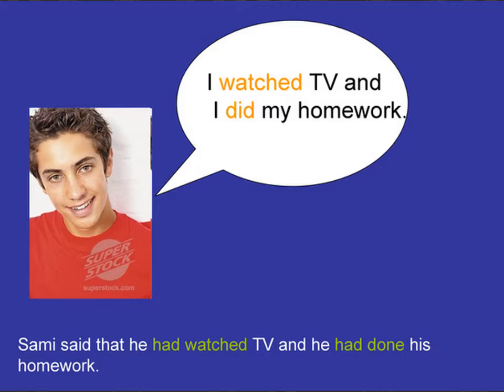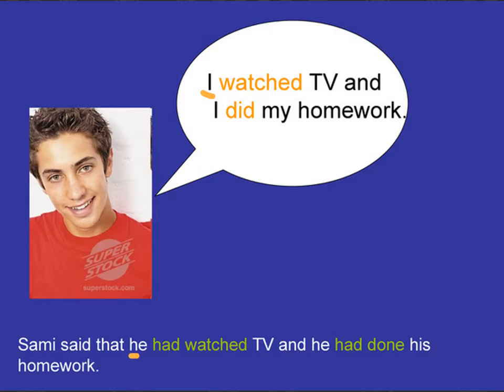Notice here, Sammy in this picture said, I watched TV and I did my homework. These two sentences are in the past simple. When we change a sentence in the past simple to indirect speech, in this case, we will change past simple to past perfect. Sammy said that I is changed to what?